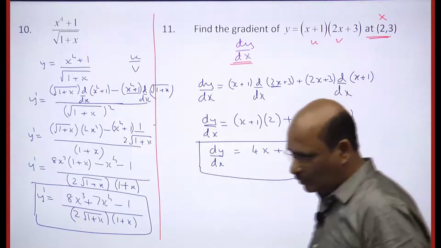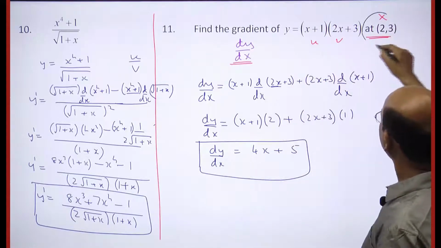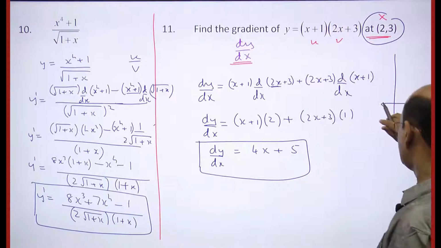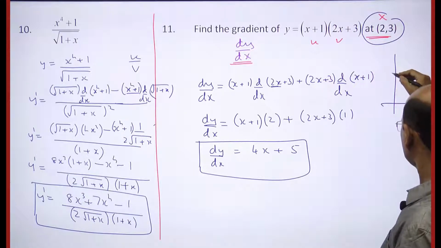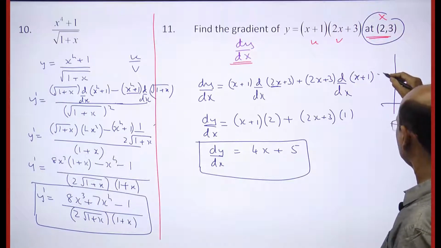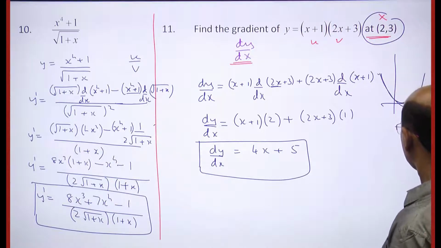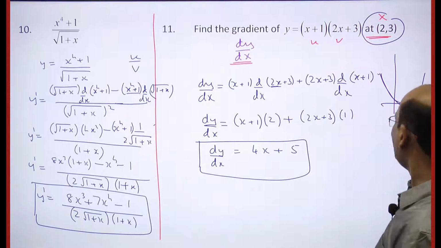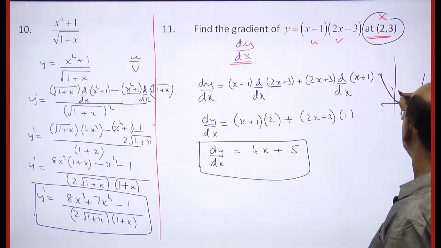Now, if I want to find the specific slope, look at the question: find the slope at this point. You know what that means? Suppose it is a parabolic shape, x square equal to 4ay, it can be here or somewhere else. I am not authenticating the graph here. At (2, 3), suppose this is 2 and this is 3.